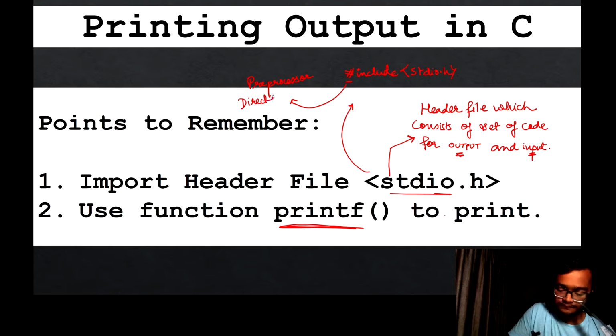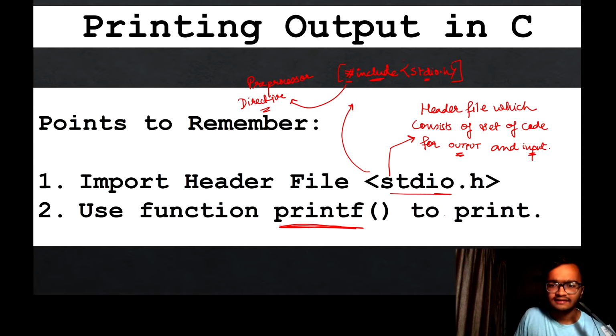That means it directs the C compiler that before processing the code, you have to include this header file, that is stdio.h. This is the syntax to include this header file. And we use this function called printf to print.